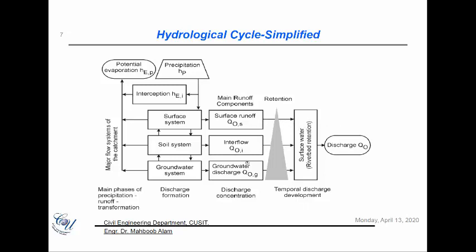Interflow is that part of the runoff which enters the upper part of the soil system, and without reaching the groundwater system, it flows inside the soil system and reaches the stream and contributes to the stream flow. Groundwater flow is basically that part of the flow which reaches the groundwater reservoir, and very slowly it contributes to the surface water.